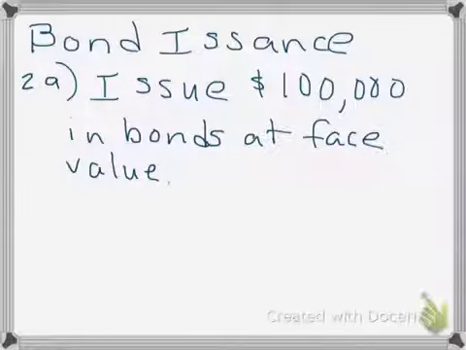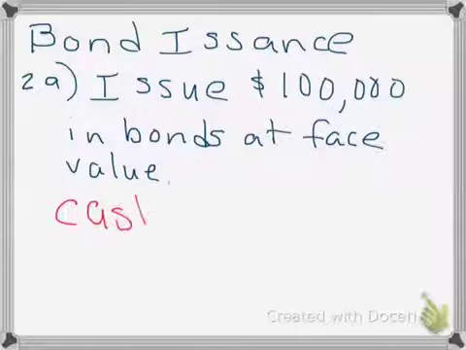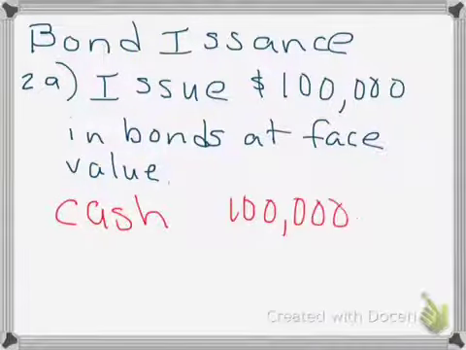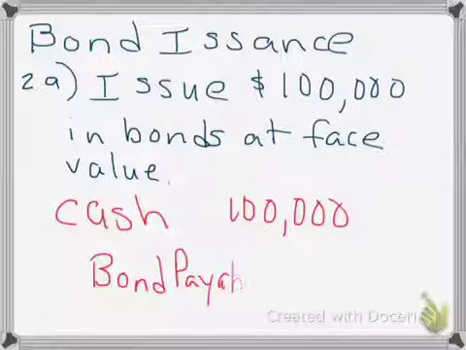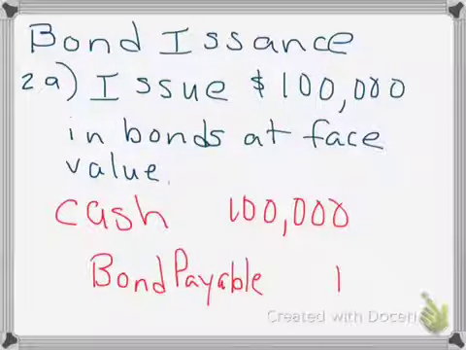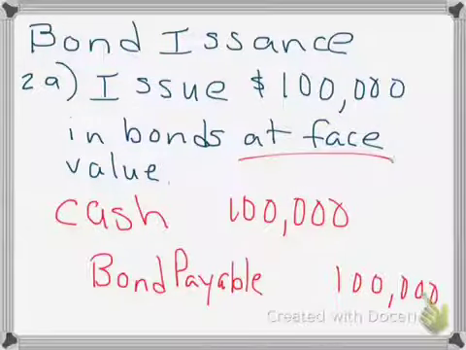If you're issuing a bond, that means that somebody is giving you cash. And so they're going to be giving you cash here if it's issued at face value for $100,000, and then you're going to have this bond payable out there where you're going to owe that money back to them in the future for that $100,000.